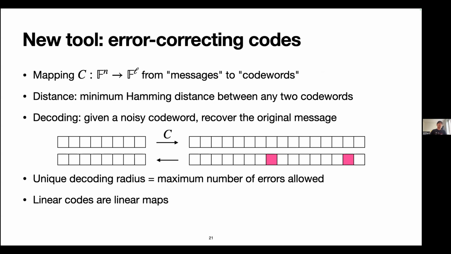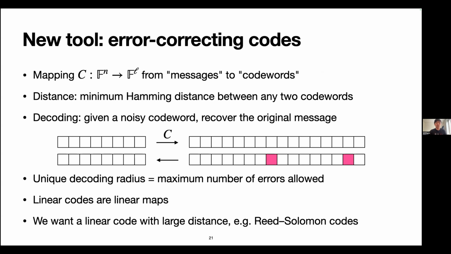And finally, we'll also be interested in linear codes. So linear codes are essentially just linear maps. And so you can just imagine C being implemented by some sort of matrix vector multiplication. And many examples of error correcting codes are already linear, so this is not really a big requirement. And we'll be interested in linear codes with large distance, like a large constant fraction distance.